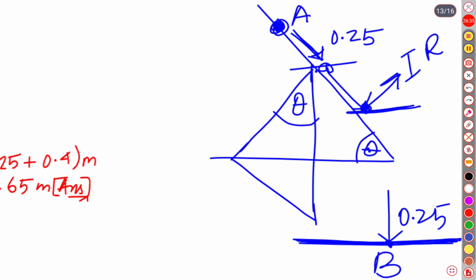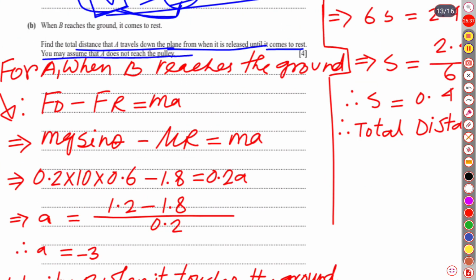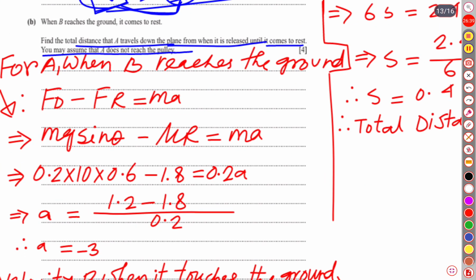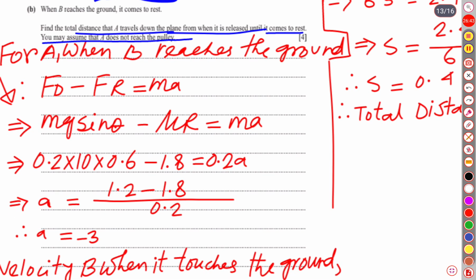Okay, so let's find the final velocity for b. When b reaches the ground, because a is also involved, don't get confused. A and b, both of them are moving down together, connected with each other, so the same acceleration, same velocity, final velocity will be applicable. So we have written the same concept, Newton's motion law, driving force minus resistance force. The driving force for b is nothing.